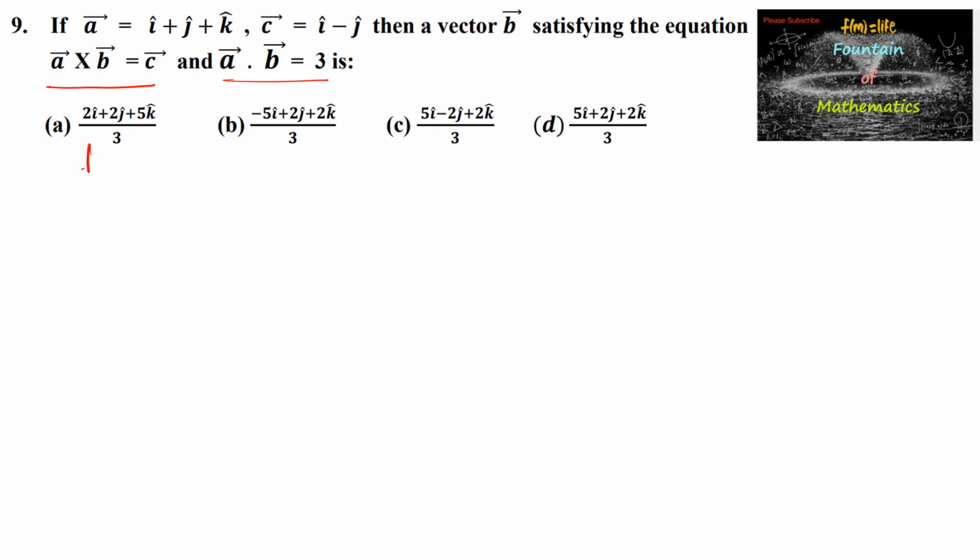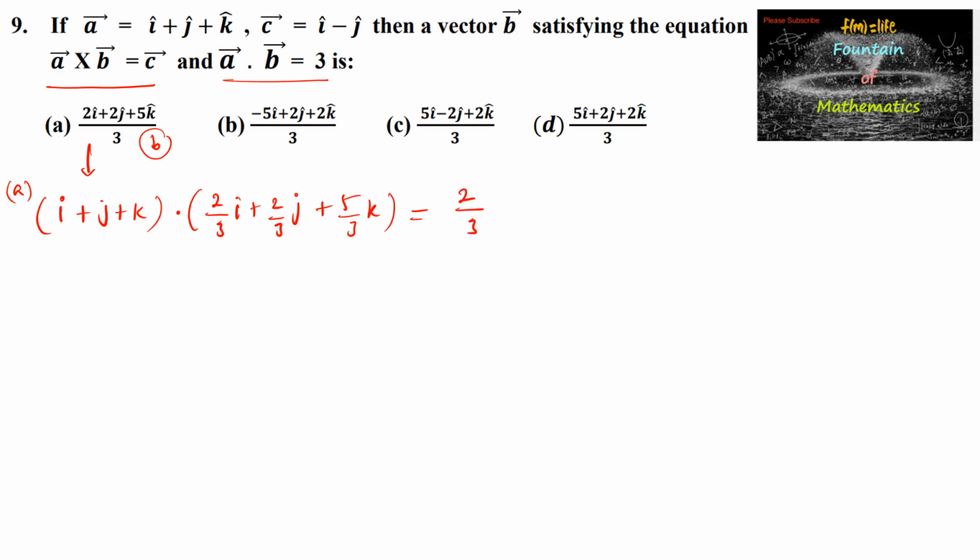So if I choose the first option as B, then A is equal to i plus j plus k, and let us consider the dot product with 2 by 3 i plus 2 by 3 j plus 5 by 3 k. This is the first option, and we consider it as the B vector. In the dot product we just multiply the scalar components of i, j and k respectively.